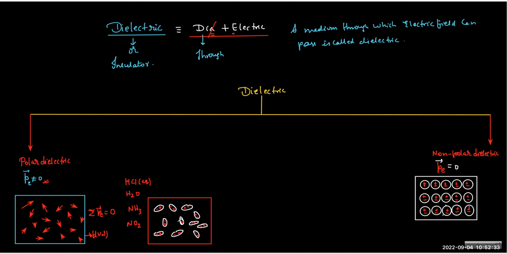And how do we represent the non-polar? The round shape. Okay. So when you see these diagrams next time in the textbook, it should not surprise you why it is so.